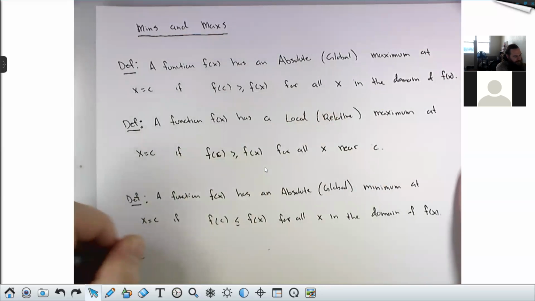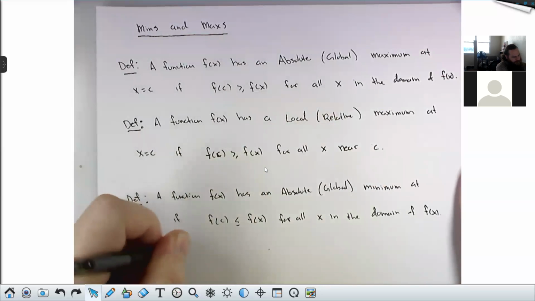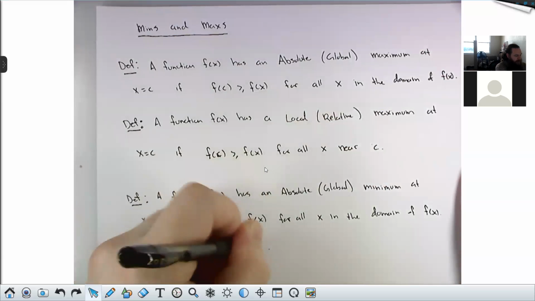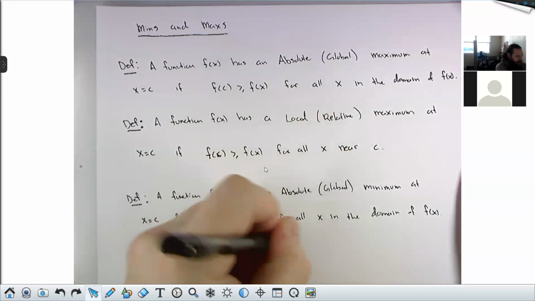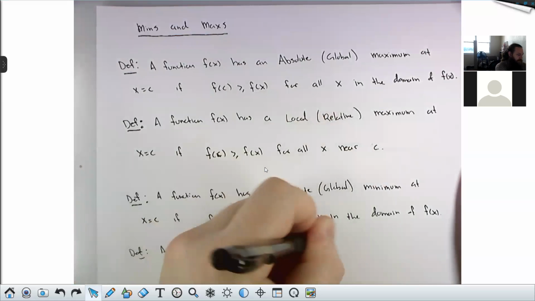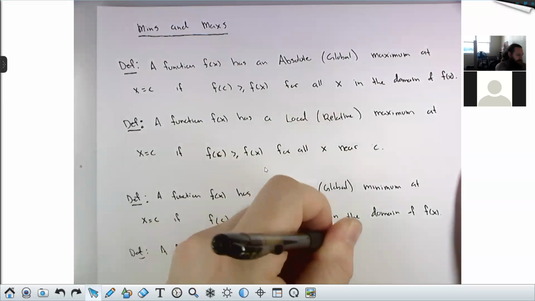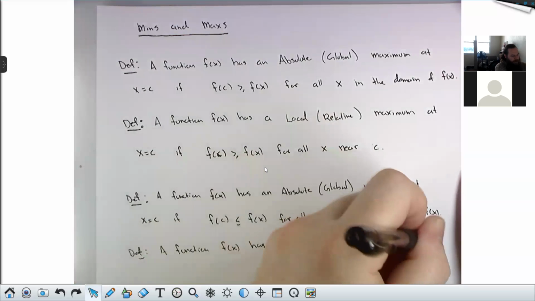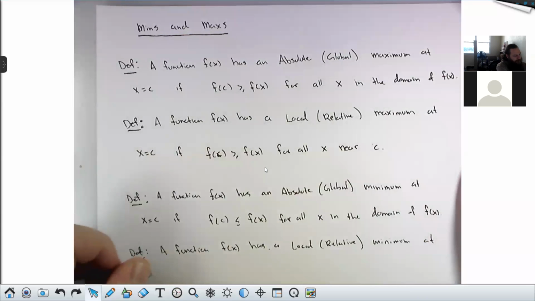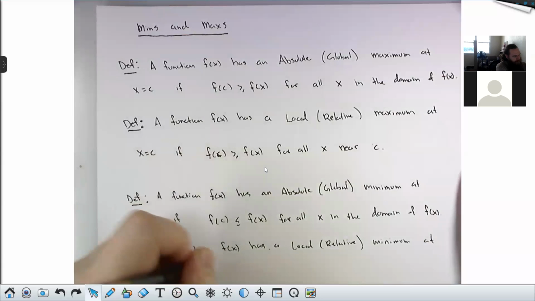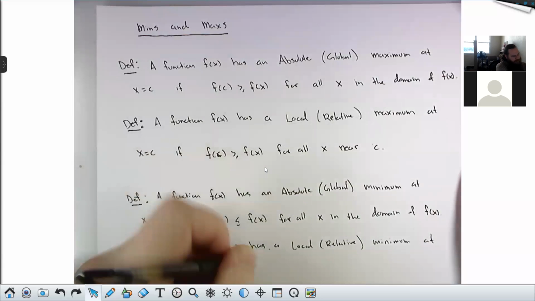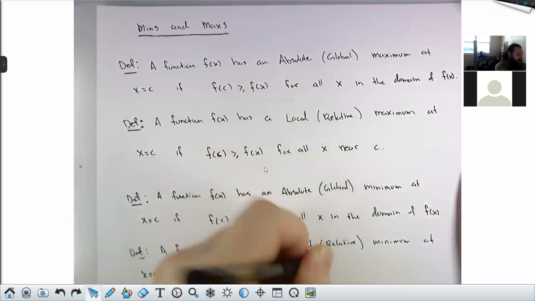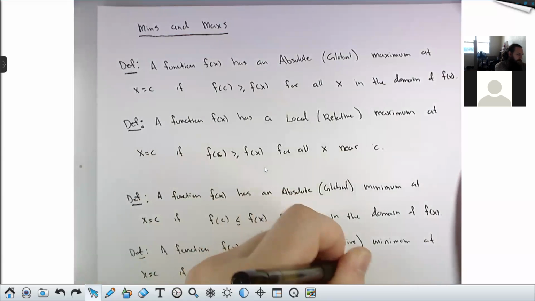and the function f of x has a local, aka relative, minimum at x equals c, if f of c is less than or equal to f of x for all x near c.